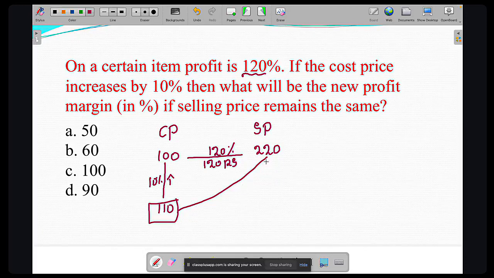It is double. Yes or no? Not almost, exactly double. Double means 100% profit. Yes, sir. So 110, 220 means 100% profit. That's your answer. Very simple concept.